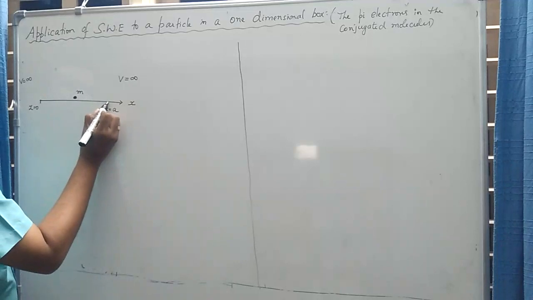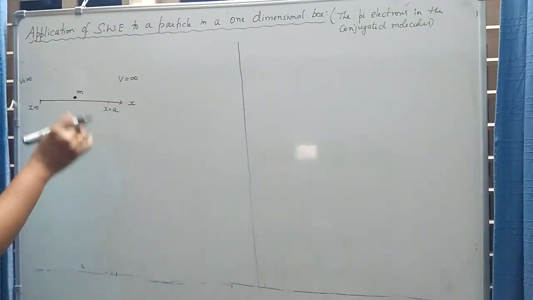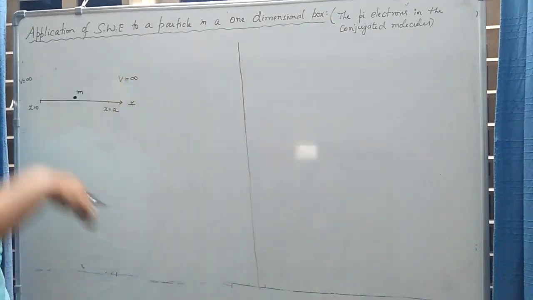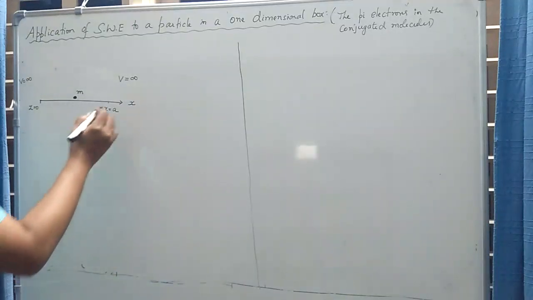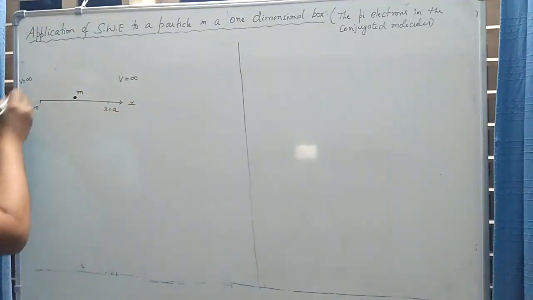If the particle wants to cross the point x is equal to a, it must acquire an infinite amount of potential energy. Since it is impossible to attain infinite potential energy, it is impossible for the particle to cross this barrier at x is equal to a or x is equal to 0.